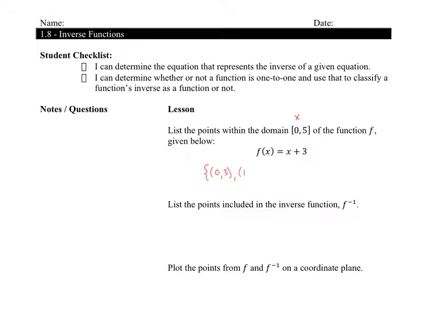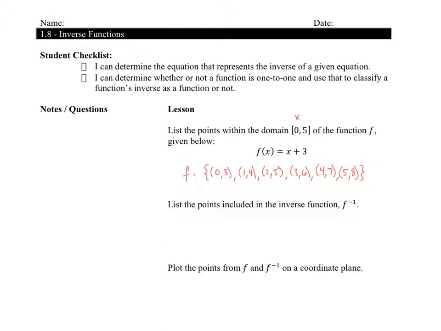The point 1, if I add 3 to 1, I get 4. And I can keep going. (2, 5) is in the domain. (3, 6), (4, 7), and (5, 8). So we've done what they asked us to do. Those are all the points that are within this domain of this function f.